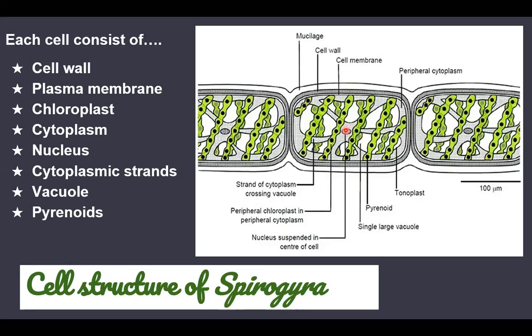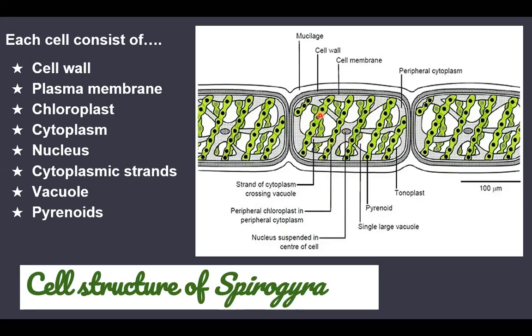Spirogyra is a green alga, so it has green pigment, which is present in the chloroplast. The chloroplast in Spirogyra is ribbon shaped and spirally arranged. Here you can see the green structure. On this chloroplast, many pyrenoids are present.